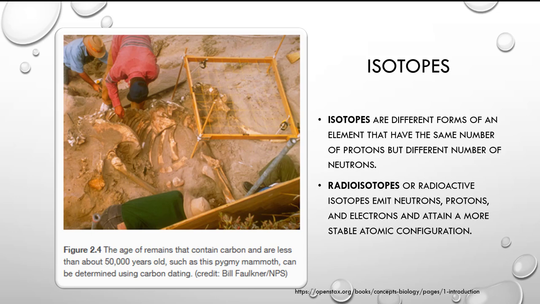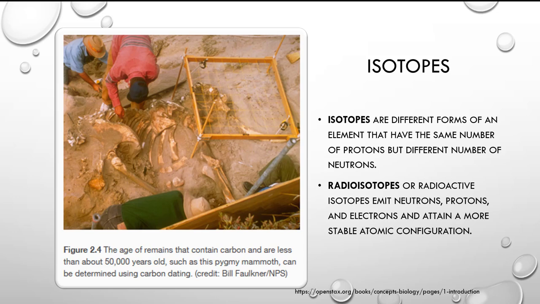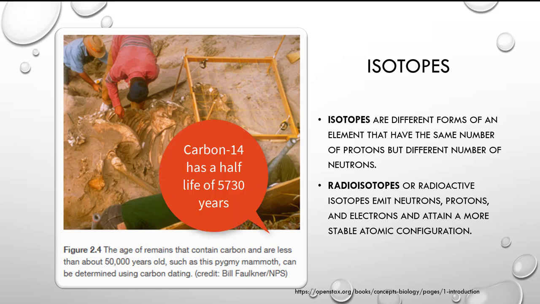In this case, carbon-14 will decay to nitrogen-14. In this process, it gains a proton, and in doing so, it loses some energy. It has a half-life of about 5,730 years.